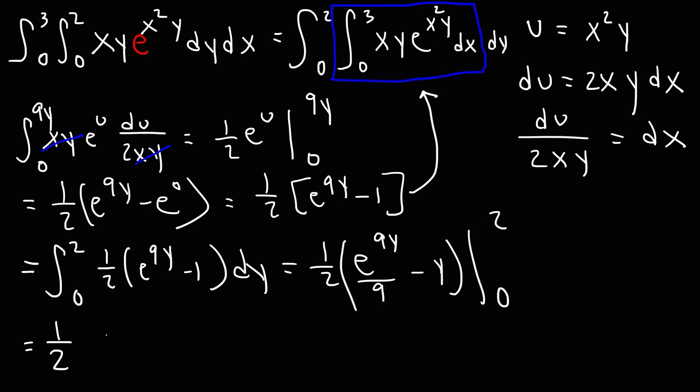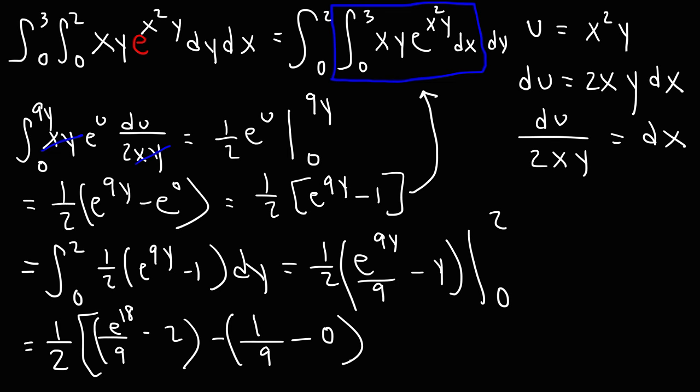So let's begin by replacing y with 2. So it's going to be e to the 18, because we have 9 times 2, over 9 minus 2, and then minus, replacing y with 0, e to the 0 is 1, so over 9, and then minus 0.